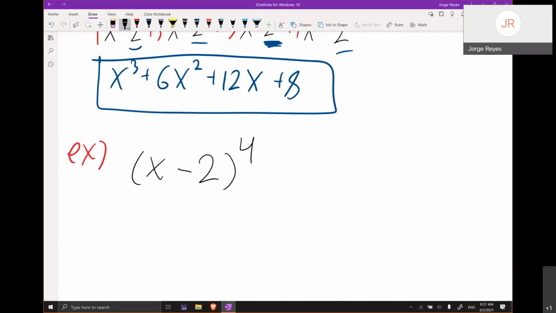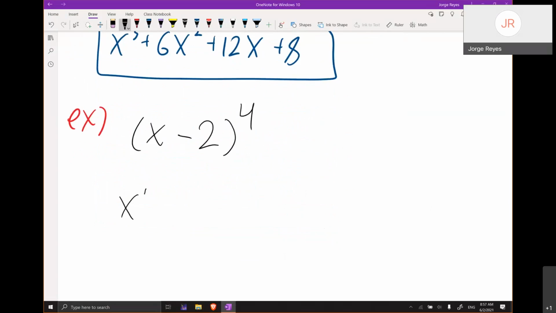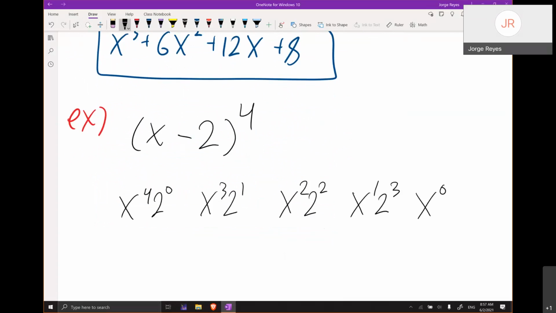Okay. So honestly, nothing special happens. It's just, you do what you normally do. Okay, so this is 2 to the 0, 2, 1, 2, 2, 2, 3, 2, 4, and then put the Pascal's numbers in. So 1 plus 4 plus 6 plus 4 plus 1.